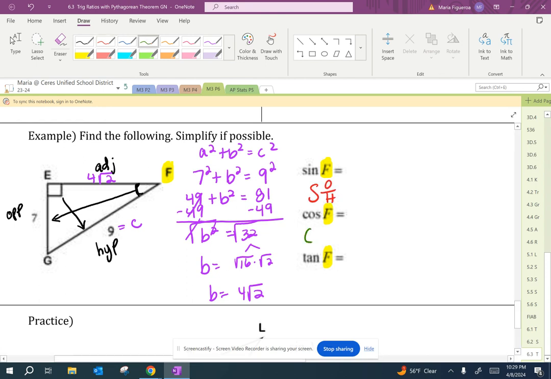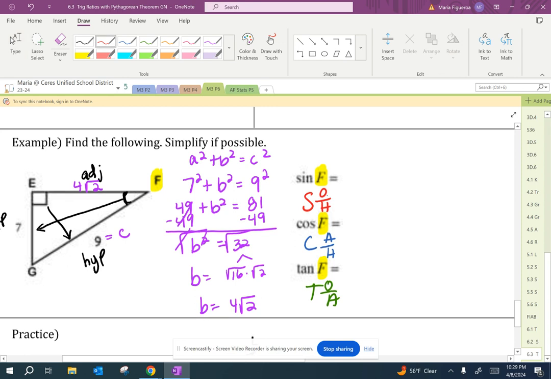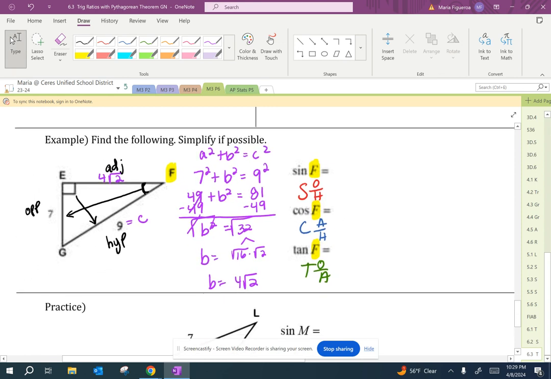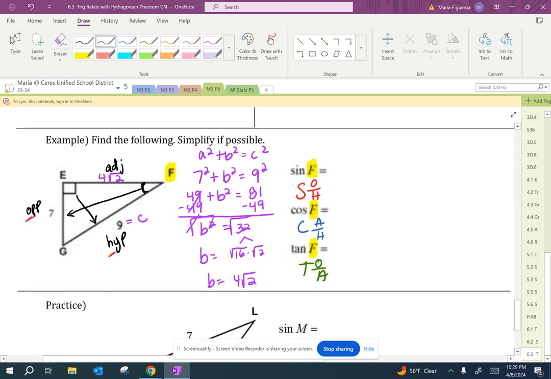I'm sorry, to find the trig ratios. So sine, again, is opposite over hypotenuse. So 7 over 9. And I can't simplify that one.